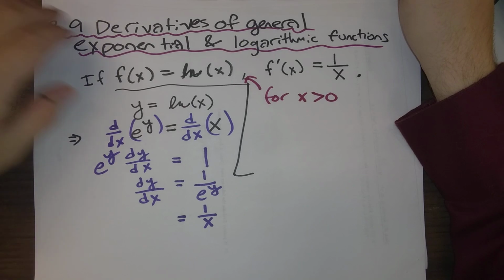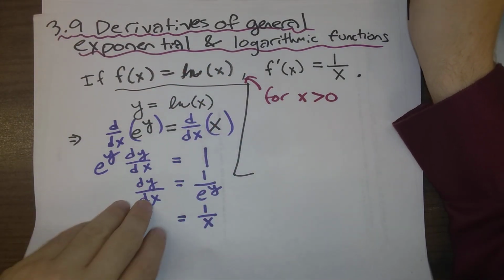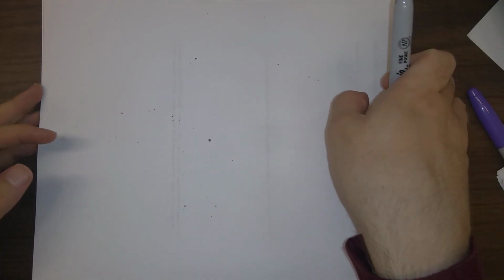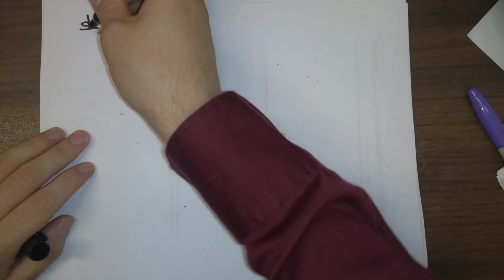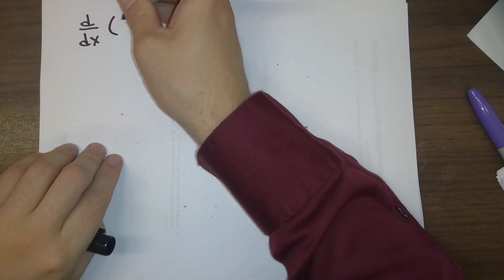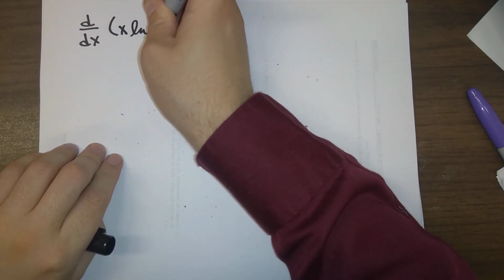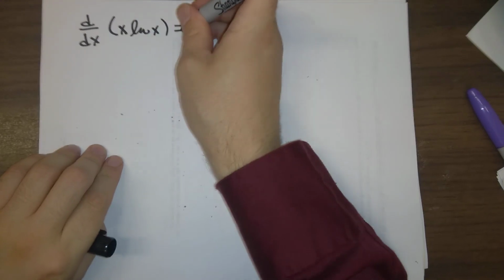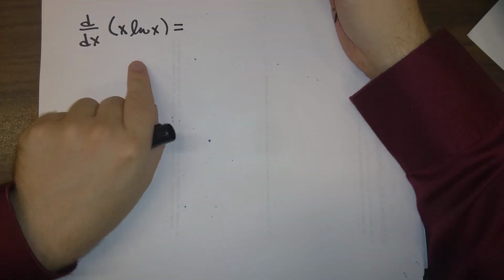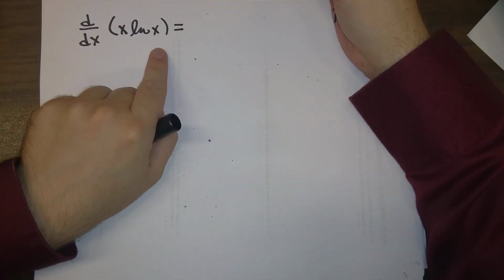Okay, so now let's use the fact that we know the derivative of natural log of x. Let's do some quick examples. For example, the derivative of x times natural log of x. This looks like a product rule calculation.